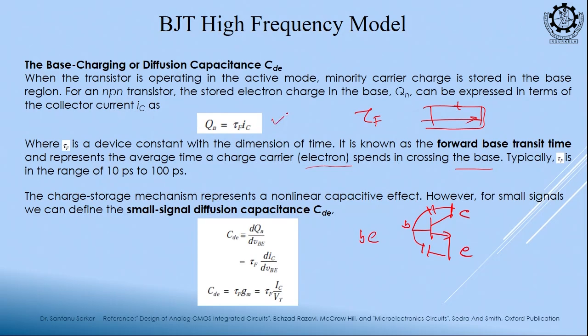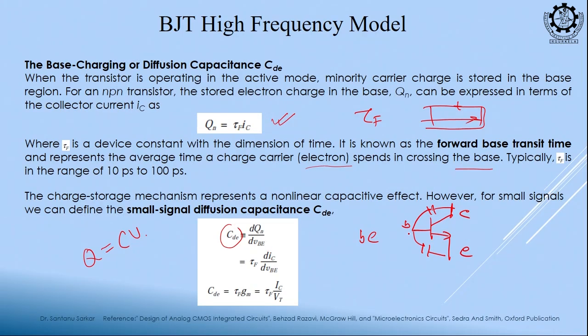So, if we multiply this base transit time with IC, we will get Qn, right. Now we are thinking, if this junction behaves like a capacitance, what will happen? For any capacitance, Q is equal to C into V. So, from there we are trying to calculate the equivalent capacitance.